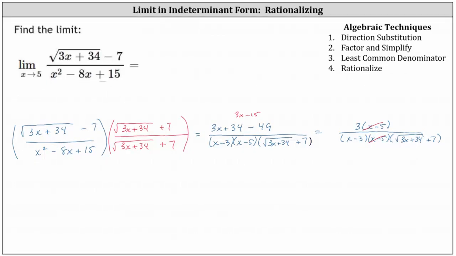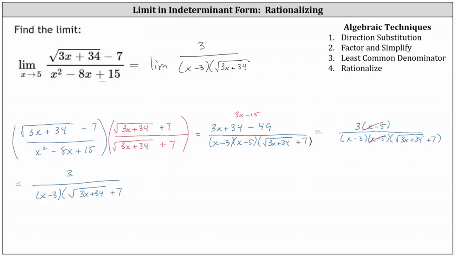The simplified expression is now 3 divided by the product of x minus 3 and the square root of the quantity 3x plus 34 plus 7, which means the original limit is equal to the limit of the simplified expression as x approaches 5.